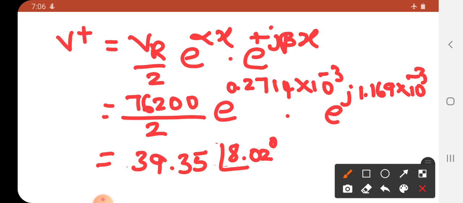Similarly, what is V minus? That is the reflected voltage.